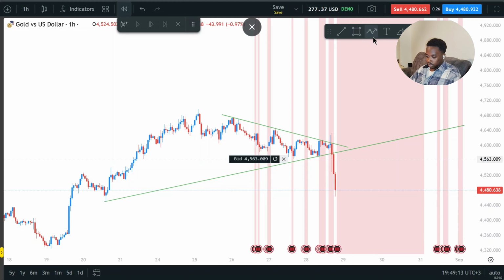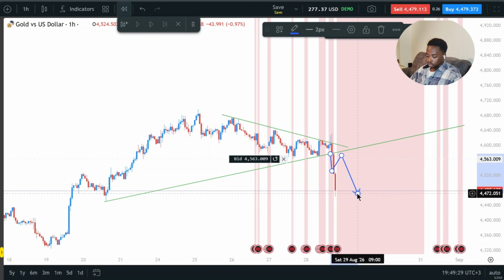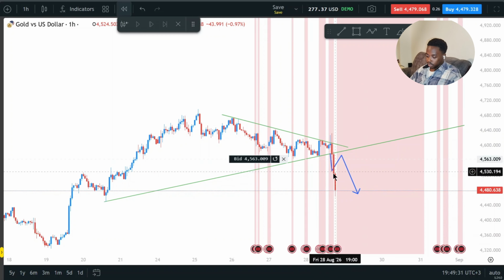It will look something like this, and then reaches a point like that, and then the market finds support right around here.